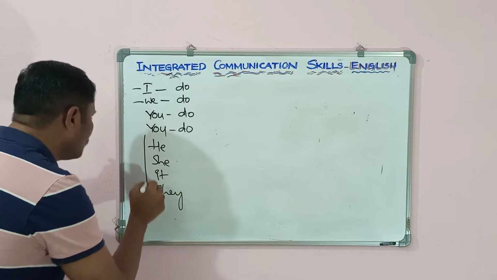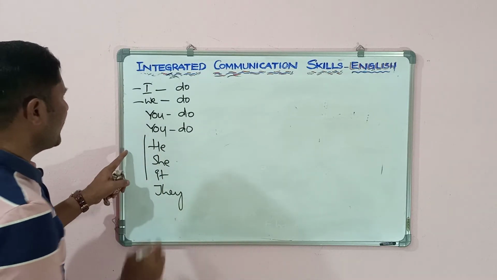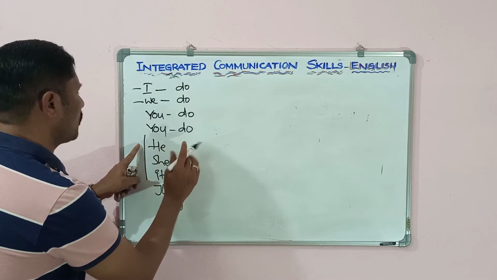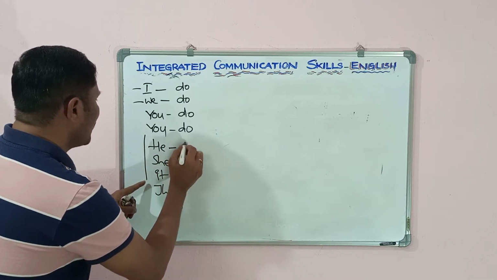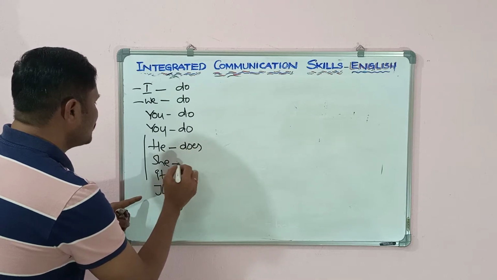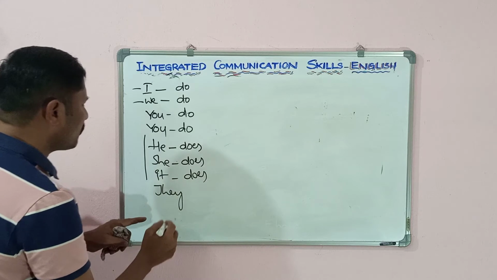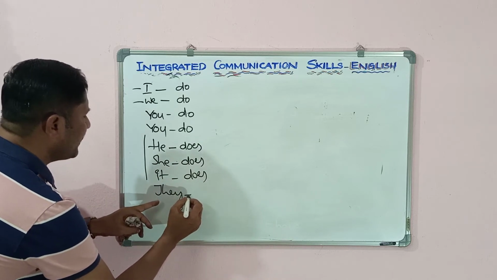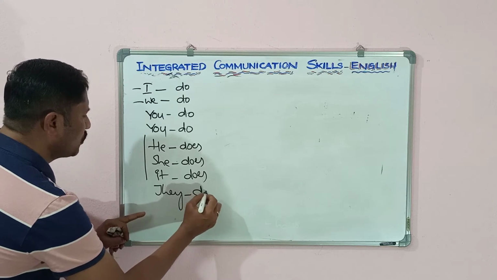But when we come to third person pronouns, especially singular ones, he, she and it take does. She does, it does. But what about they? They is a plural personal pronoun, so we should use they do.